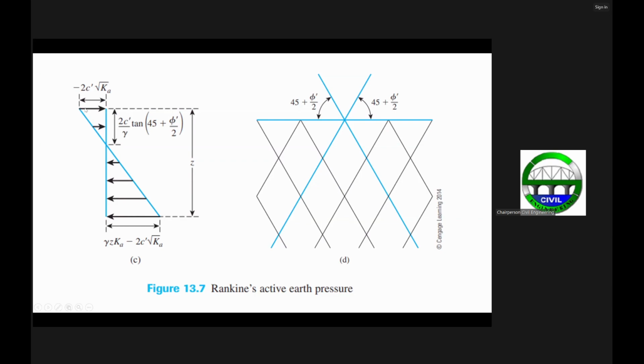That means this point will go here, so you will simply have a triangle. So this one will also be 0, and the maximum value here will be equal to this one. This is just the same as what we have seen earlier.